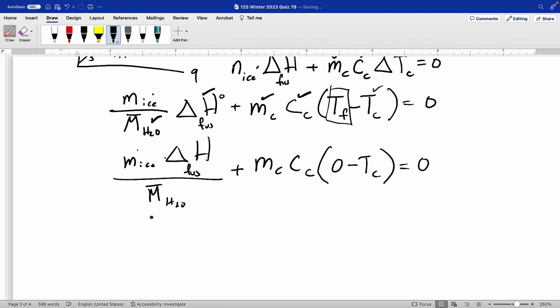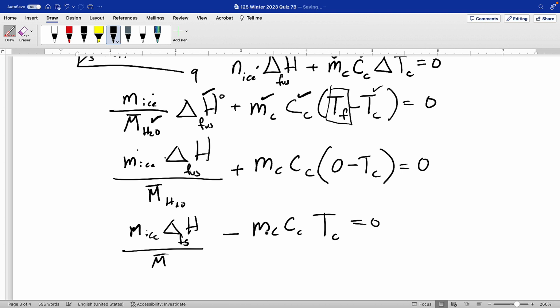Okay, so now, once we've defined it this way, we have a pretty simple expression because we can say we've got M for the ice, delta H of fusion, over the molar mass of water, and then we'll distribute this negative sign to get minus MC times the temperature of our copper. All that's equal to 0. So now we can move this negative sign over to the other side and solve for the mass of ice.